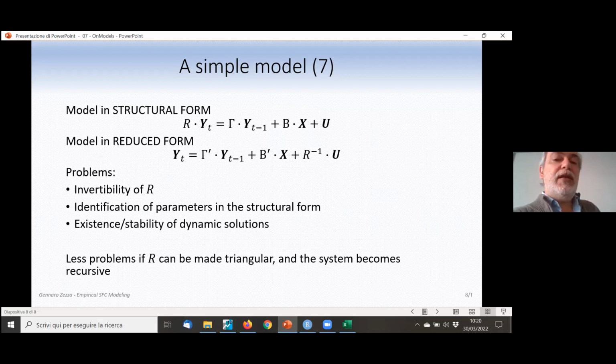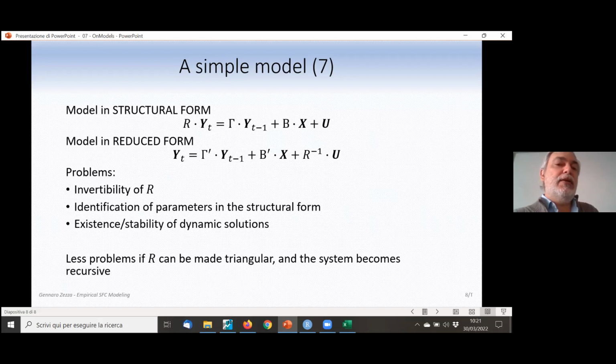The problem is that the parameters you get in the reduced form are those in the matrices gamma prime and B prime, and they are less than the parameters in R plus the parameters in gamma plus the parameters in B. So you have the so-called problem of identification. So you cannot obtain the original parameters in the structural form from your estimates of the reduced form.